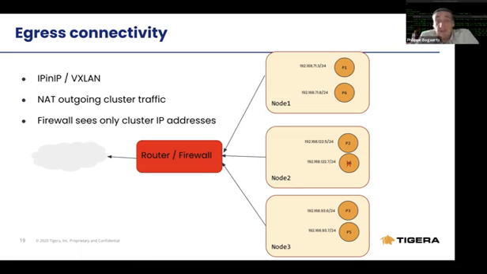And second, maybe a dynamic rule set inside of your firewall based on what the Kubernetes cluster is telling the firewall. And that is exactly what Calico Enterprise firewall integration is doing.